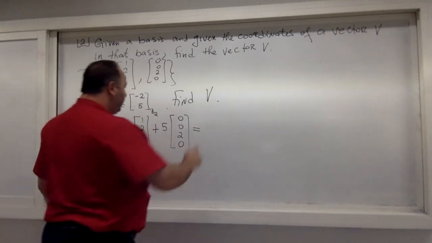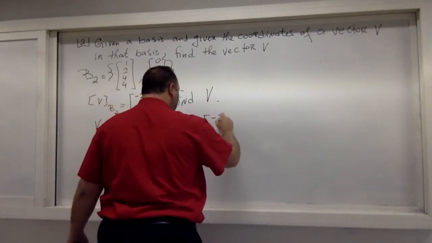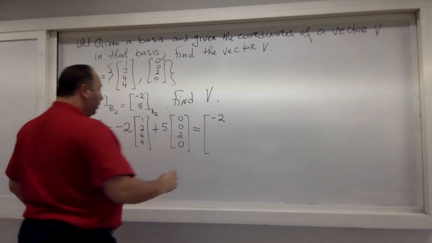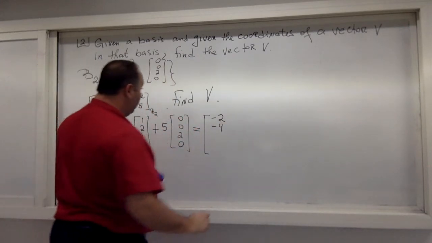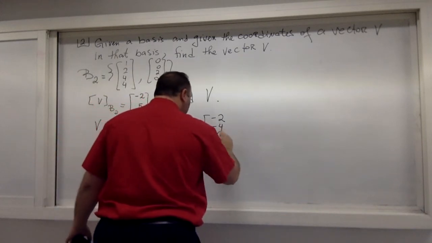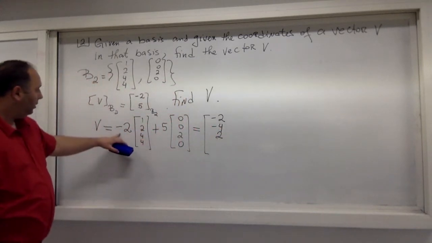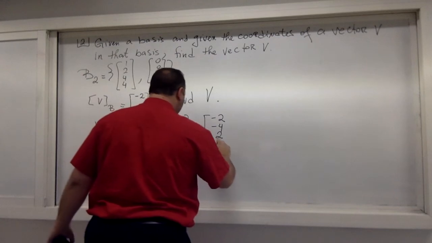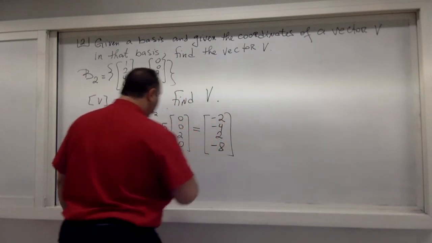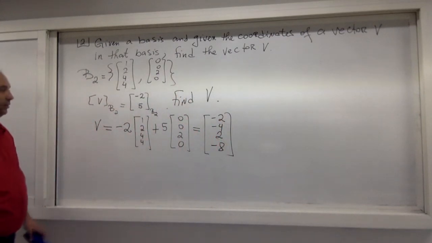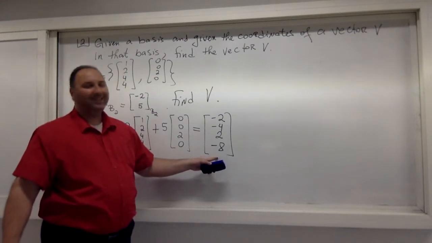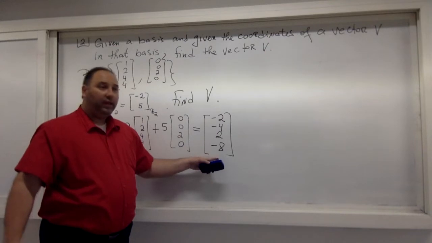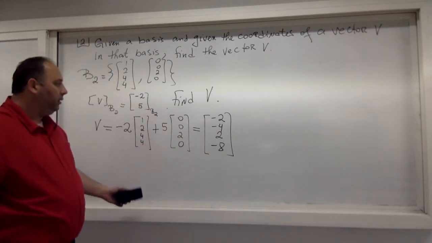So -2 plus 0 is -2, and -4 plus 0 is -4, and -8 plus 10, that's 2, and then -8 plus 0 is -8. So v is this guy. Now obviously you understand that these are at the same time the coordinates of v in the canonical basis of R4.